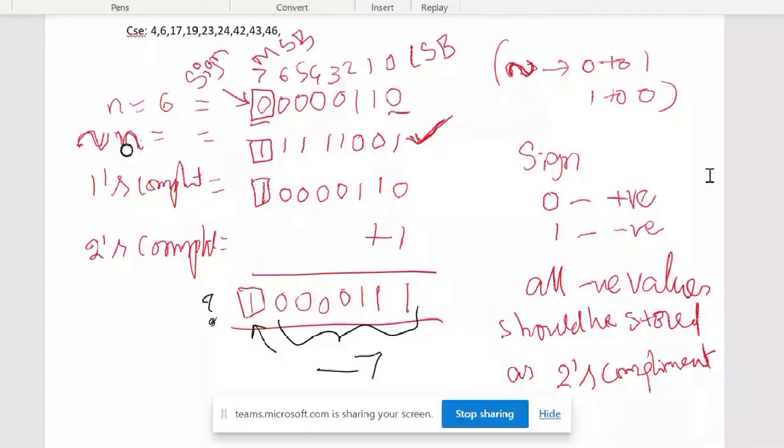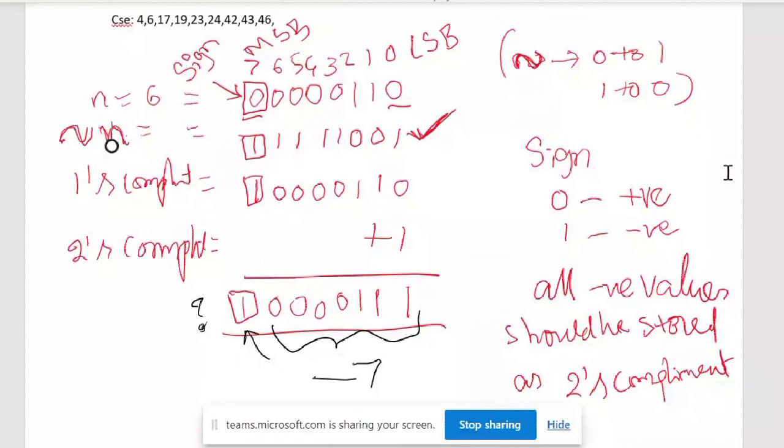If that sign is 0, that is positive. If sign is 1, that is a negative. And complementing of a number is just converting zeros to 1, ones to zeros. If I convert 6 to complement of n, I'll get all these ones, including sign 0 అలా 1 అయిపోతుంది. అలాగా నాకు 4 ones 001 వచ్చింది, రైట్?